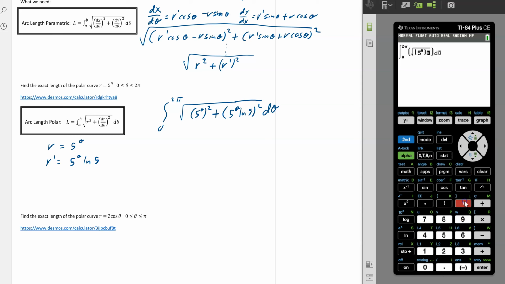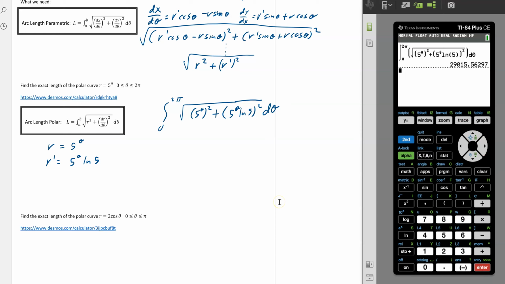And I'm in polar form right now to have those thetas, but you can use any variable you want. Squared plus, and then we write the other one, 5 to the power theta, natural log of 5, and then we square that one. So it's just r squared plus r prime squared, or r prime squared plus r squared d theta, and you hit enter.